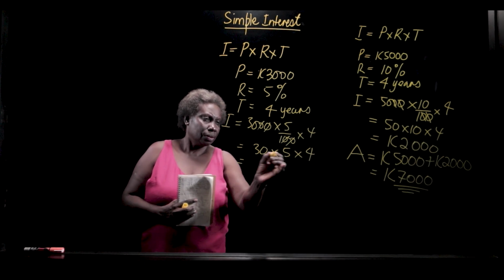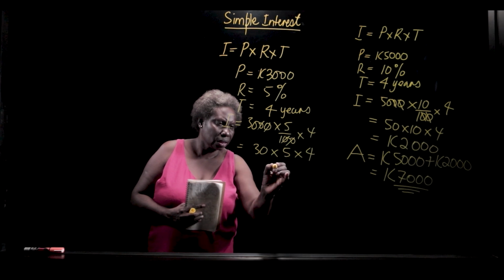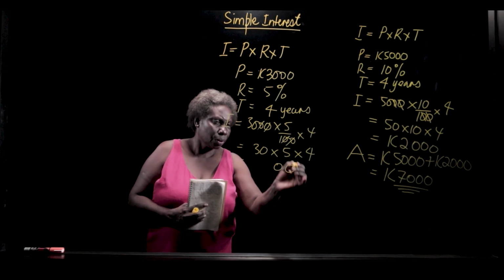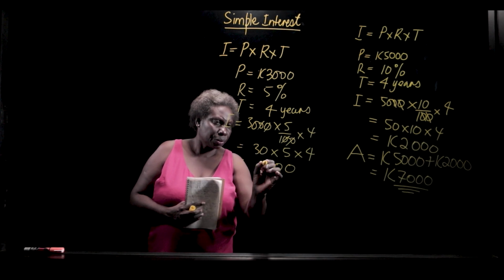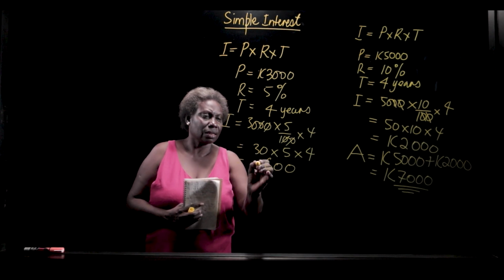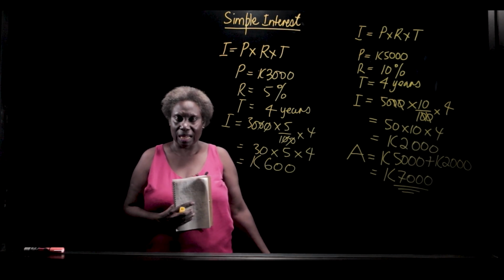Okay, that will be 30 times 5 is 150, times 4 is 600. Okay, so she earns an interest of 600 kina.